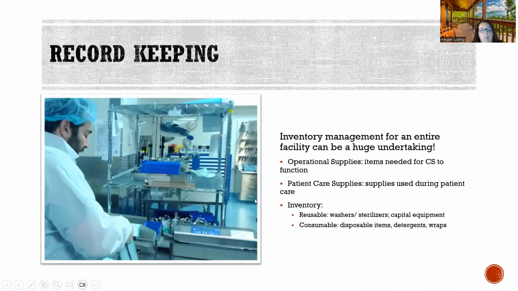Reusable items are like your washers, your sterilizers, things that get constantly used, maybe the trays. And then consumables are things we've talked about, your wraps, like going green. Maybe we should figure out ways to reuse those, but they're consumable, they're thrown away, disposable.